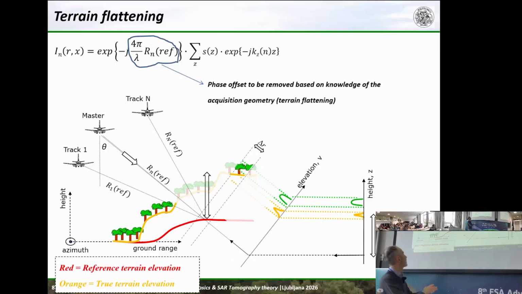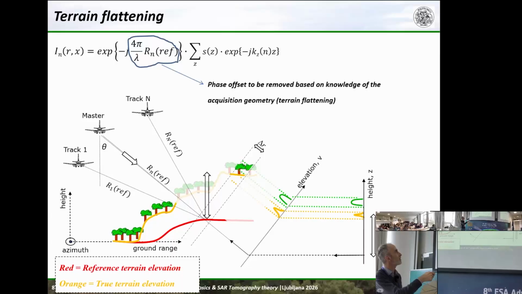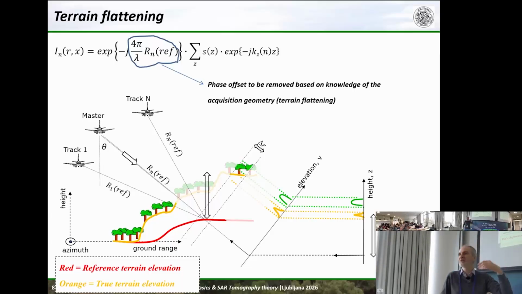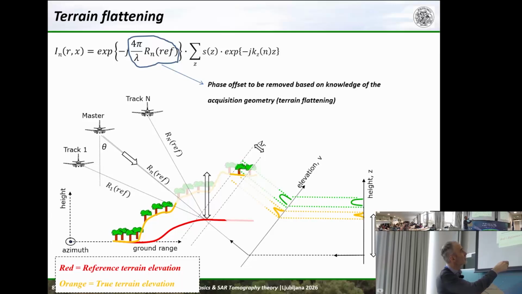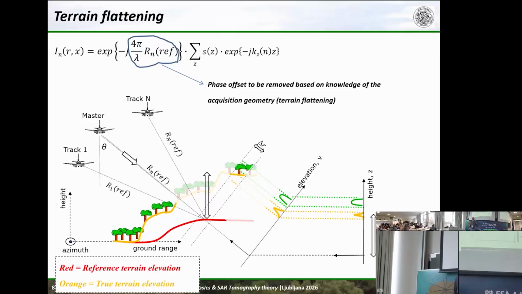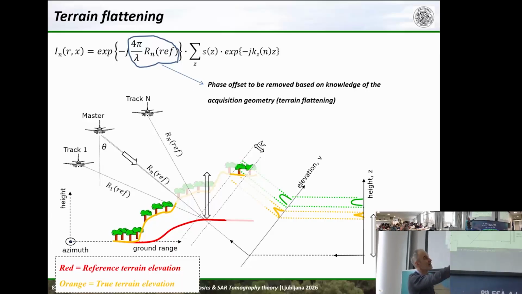So for example, let's say the yellow terrain here is the true terrain, and the red curve is my reference elevation that I take from somewhere else, that I can just guess. Then when I do tomography, the terrain will not appear at 0 meters. It will appear at this position.